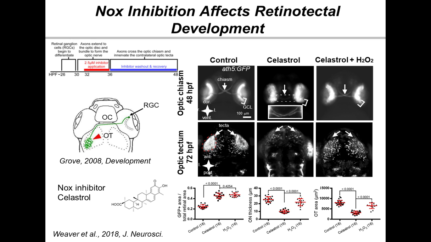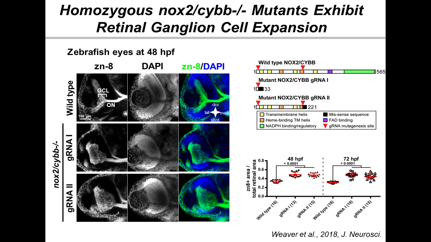And the right panel shows the area of tectal innervation, reduced by Nox inhibition, but again partially rescued by adding back hydrogen peroxide.